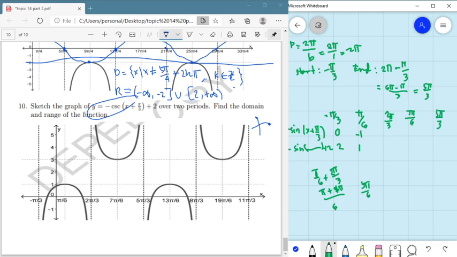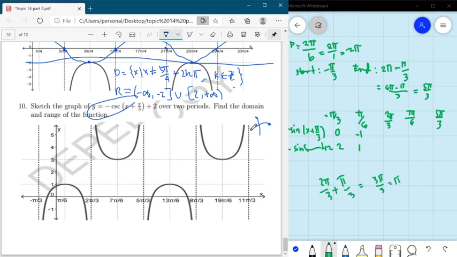Sine of... 2 pi over 3 plus pi over 3 equals 3 pi over 3 or pi.